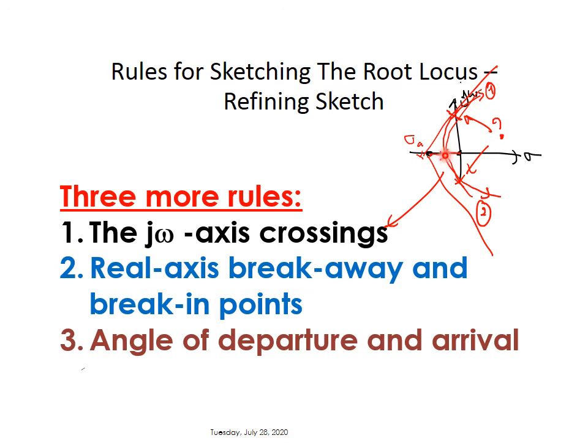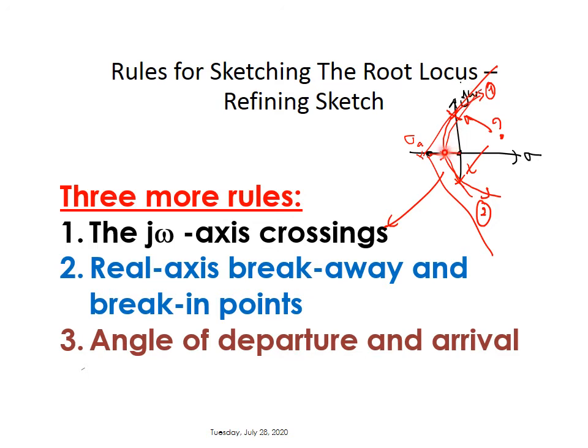For example, if we use just the rules we have seen just now, we won't be able to identify where this point is. We might think that it should be in the middle, but we don't know exactly where it is. By using these rules, you will be able to pinpoint where the point is where it starts to break away or break in.